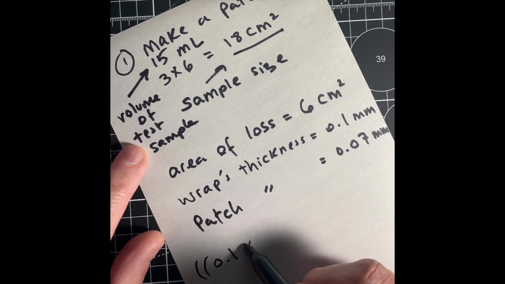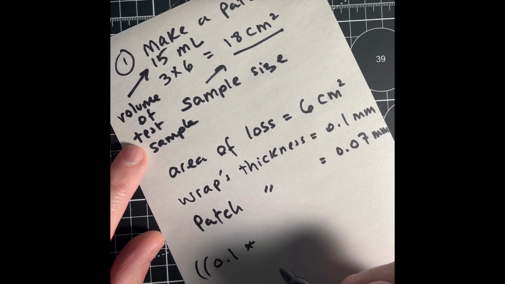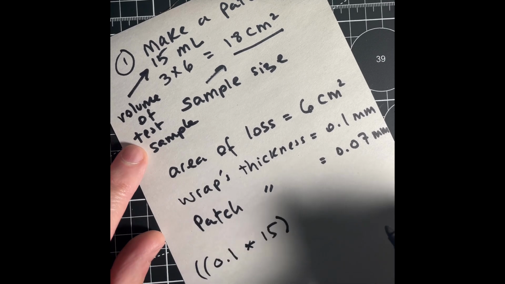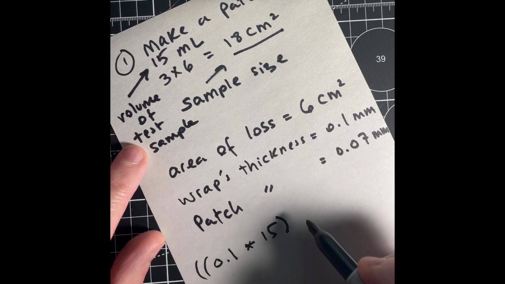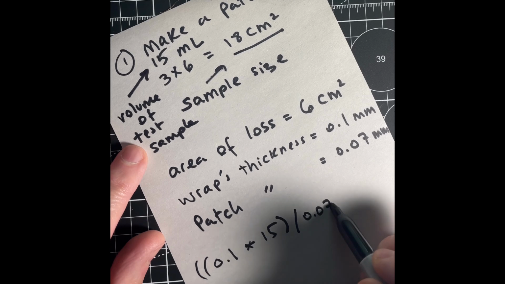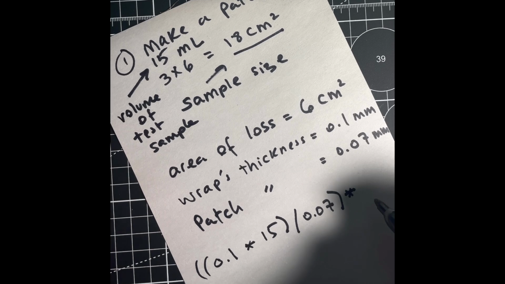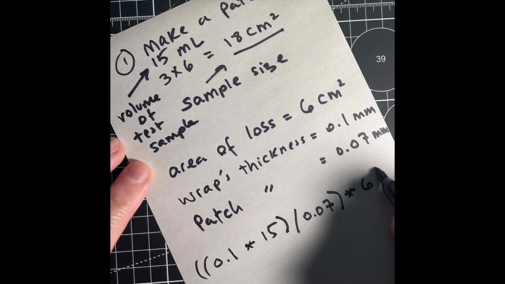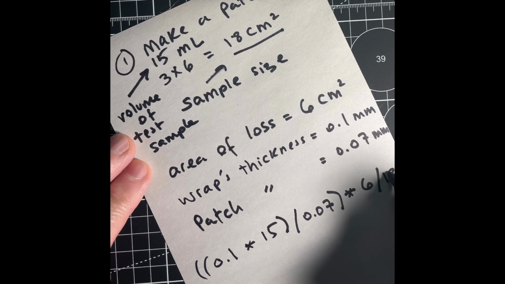You multiply it by the volume of the test sample, the 15, and then you divide it by the thickness of your test sample, which is 0.07, and then this whole thing is multiplied by the area of loss in square centimeters, which is 6, divided by the area of the test patch, which is 18 centimeters squared.